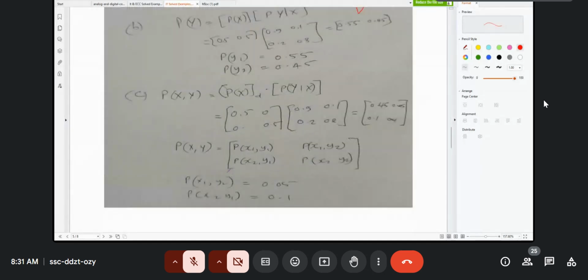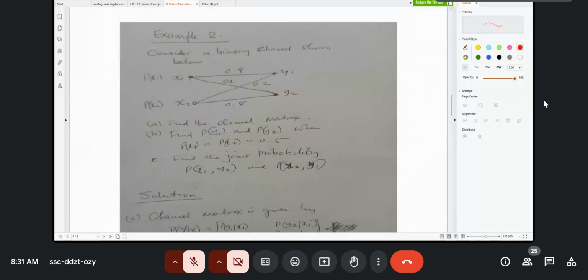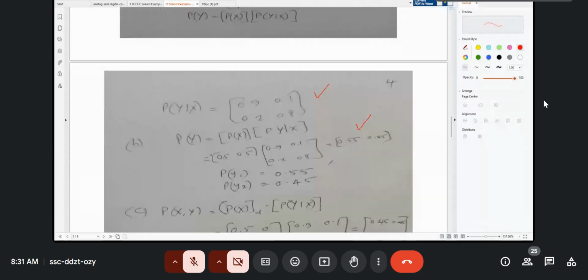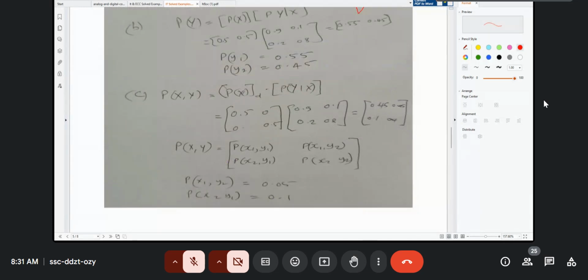So then the last question, find the joint probability Px1, y2, and Px2, y1. So what you need is this Pxy, and this one is given by this formula.